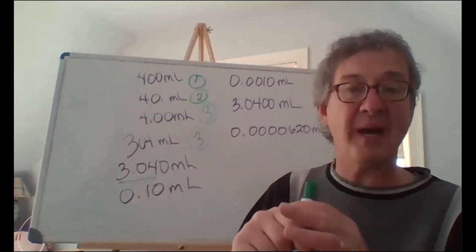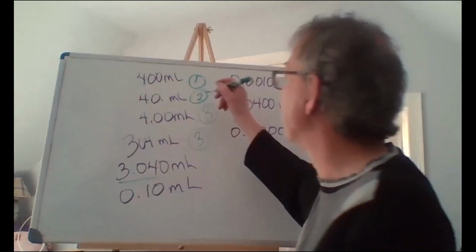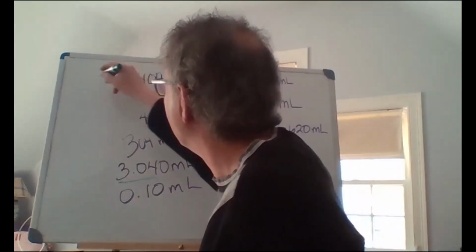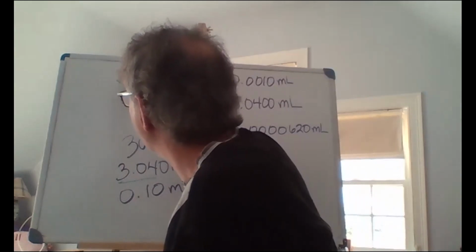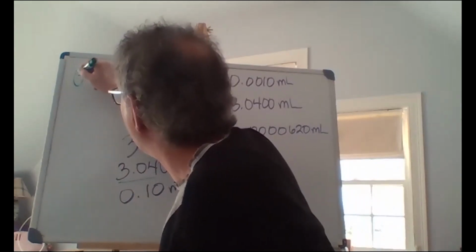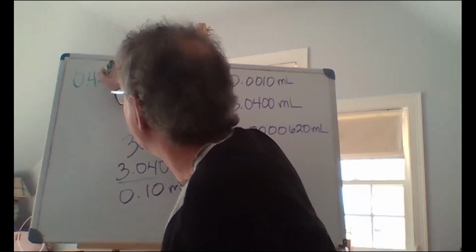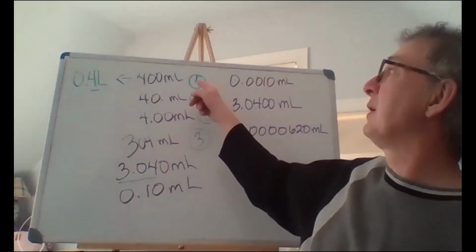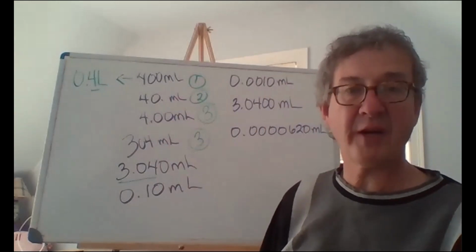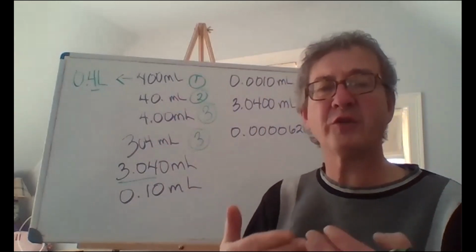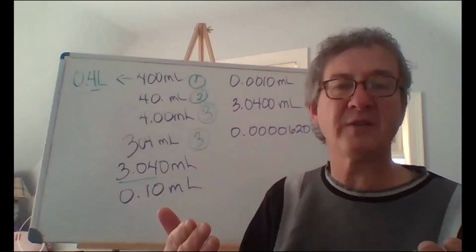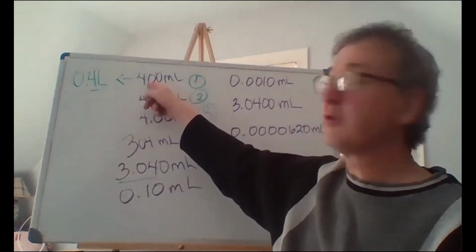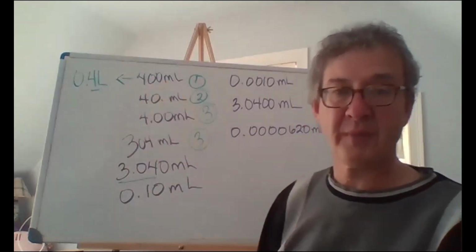If I did the math to convert that to liters, I would get 0.4 liters, and only that number is significant. It's only one significant figure. Significant figures don't go away if you change the unit. So those zeros couldn't have been meaningful.